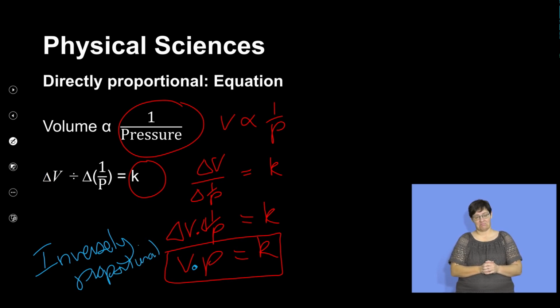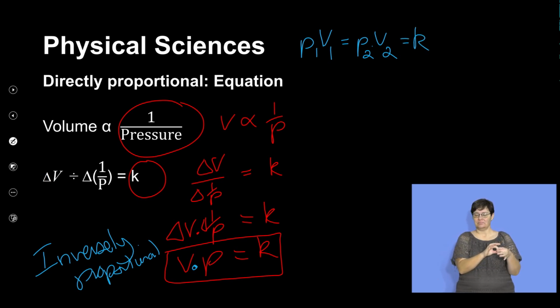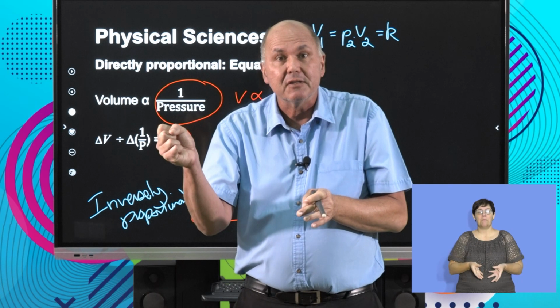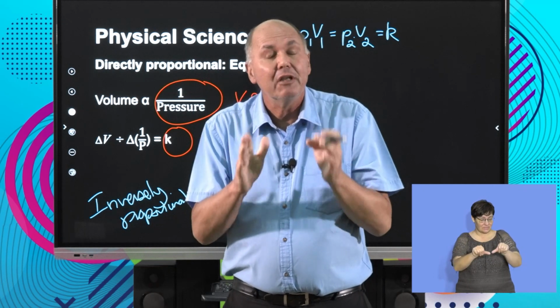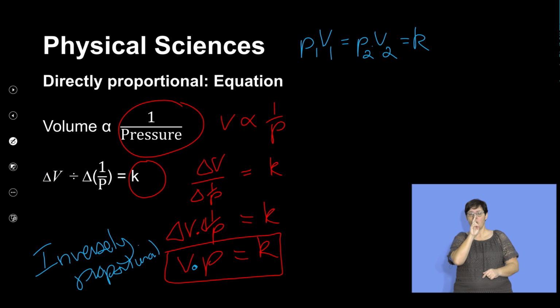Now, in the likes of the pressure-volume graph, let's take some readings and say they're equal to each other. If you look very carefully at that sort of relationship where you take points and multiply them together and they give you a constant, that's not going to give you a straight line if you plot it, but it's going to give you a hyperbola.